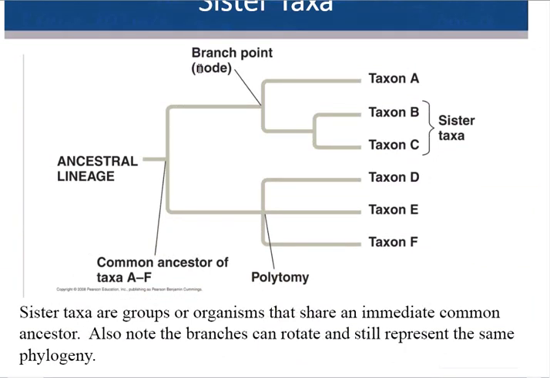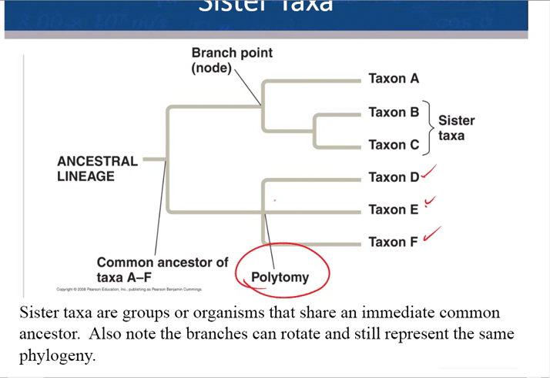Okay, another slide giving you that same sort of terminology. We have a new term showing up here that I haven't talked about yet: polytomy. What does poly mean? It means many, and we're talking about many branches here. What this represents in this cladogram is that we can't tell which diverged first, D, E, or F. We know they're related to one another, we know they share a common ancestor, but we don't know the order in which they diverged from one another.